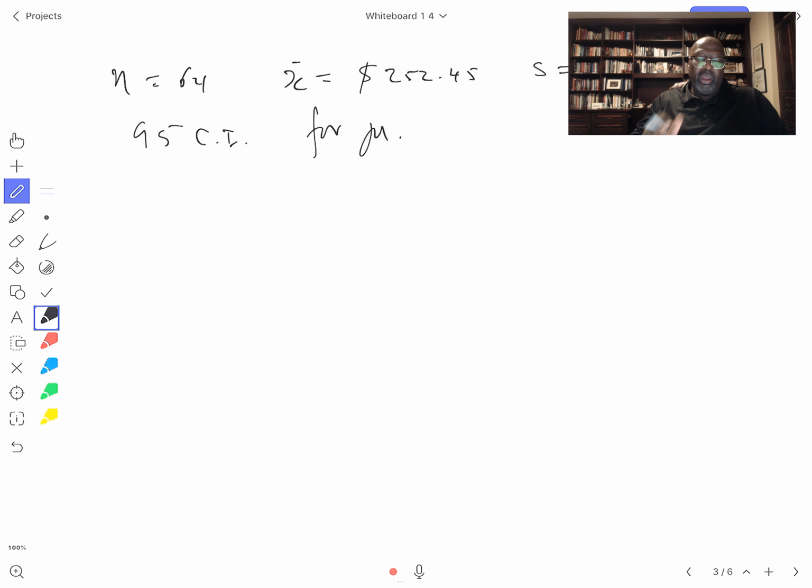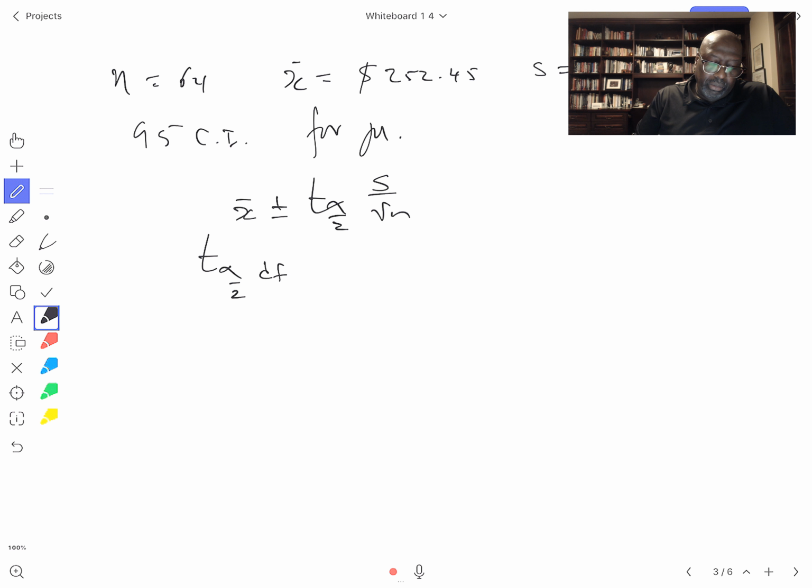For mu, given that we've already said that sigma is unknown, we know we're going to have to use x bar plus or minus t alpha over 2 times s over the square root of n. Let's find what t alpha over 2 is. Degrees of freedom. Well, we know that 1 minus alpha is the confidence level, which is 95%.